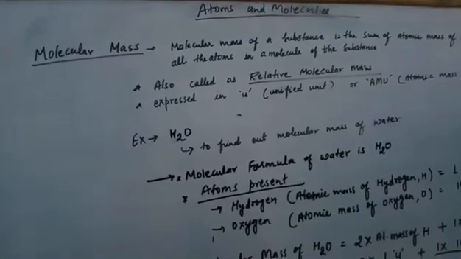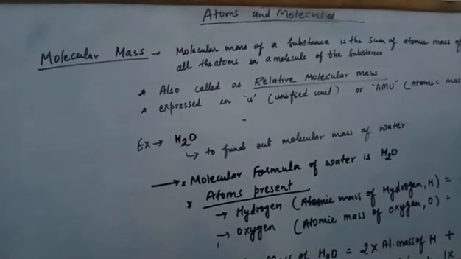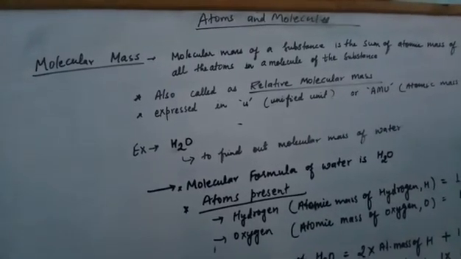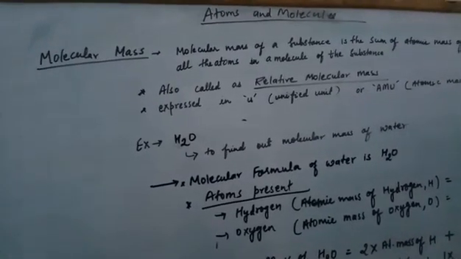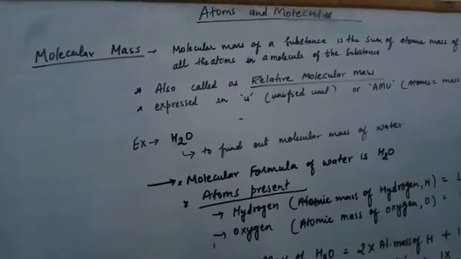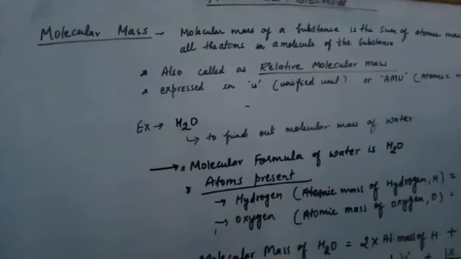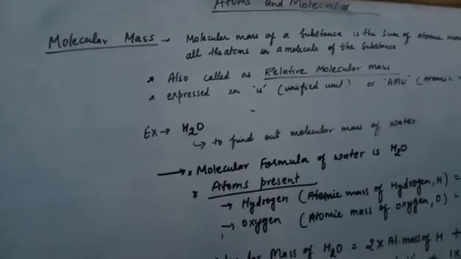Good afternoon, everyone. Last class we finished with the topic molecular formula and empirical formula. There we studied how to predict the molecular formula of a compound and how to predict the empirical formula of a compound.